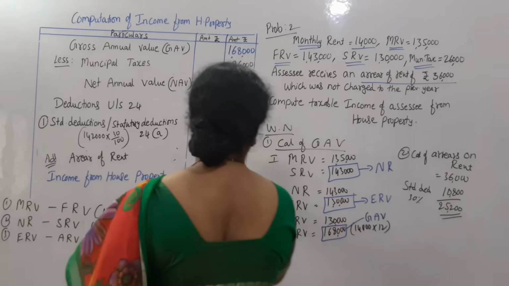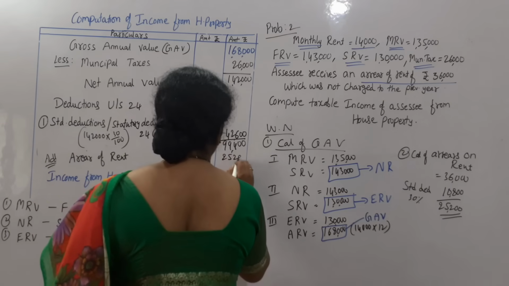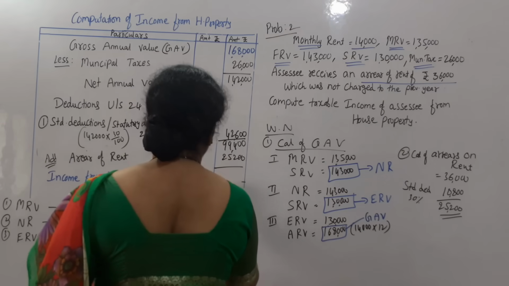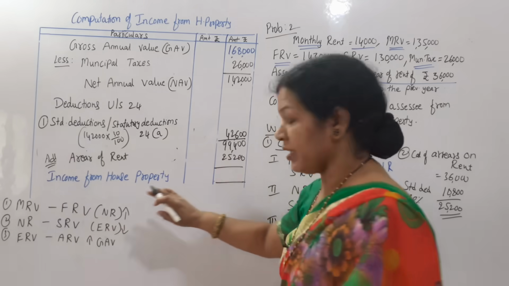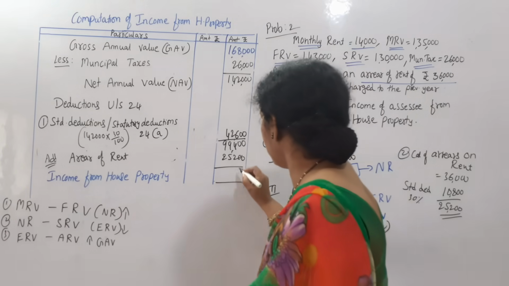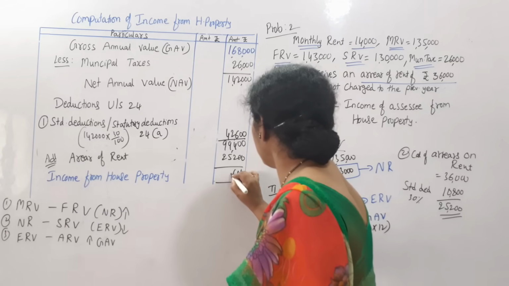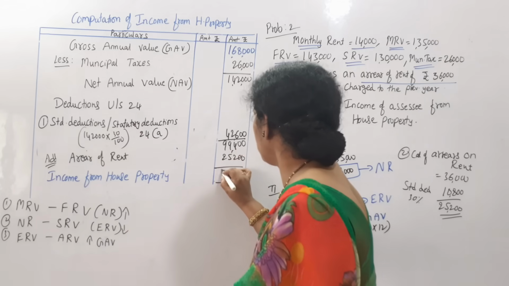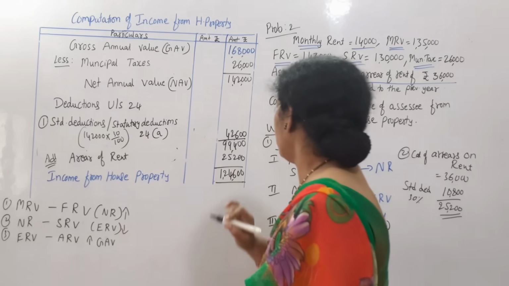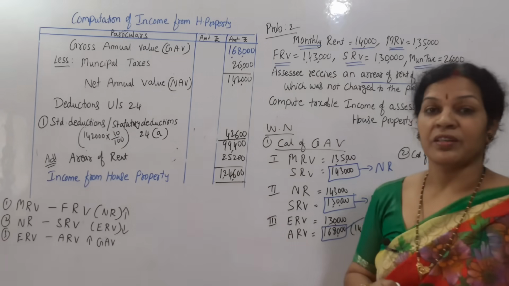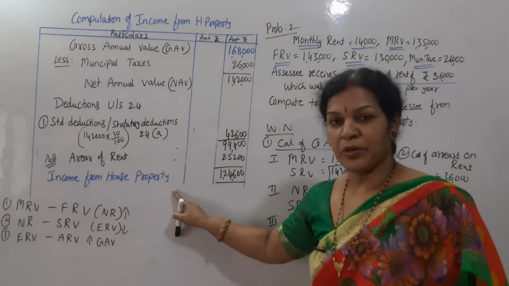How much is it? 25,200. If we add, you will be getting exactly income from house property. 99,400 plus 25,200 is 1,24,600. This is the income from house property.